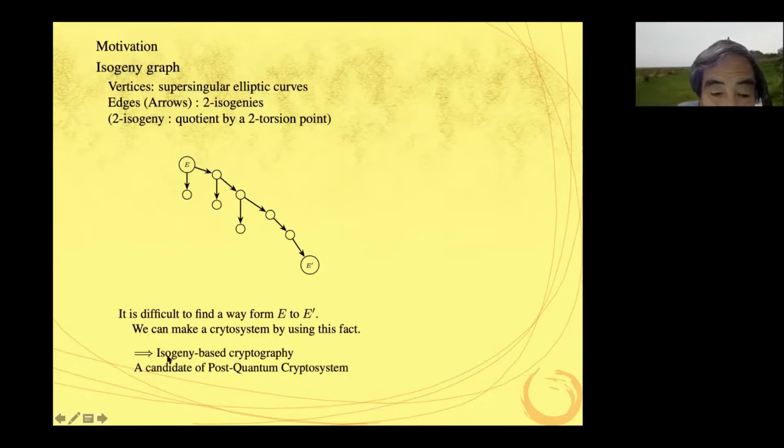And really, by using this, cryptographers constructed isogeny-based cryptography. And this is really a candidate for a post-quantum cryptosystem. And cryptographers examine such structure very deeply.